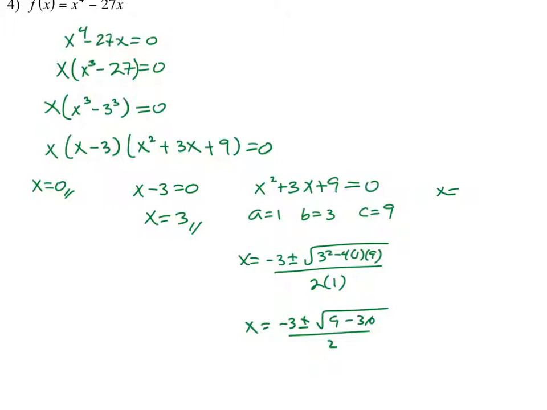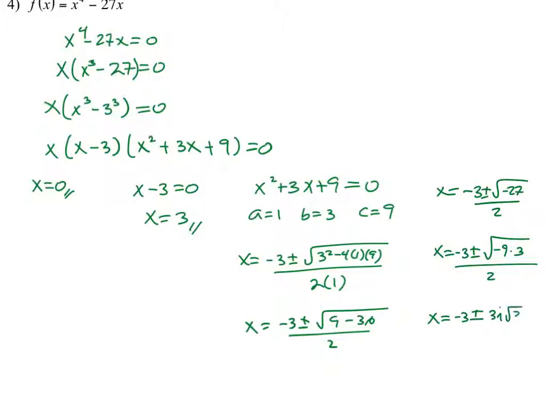So x equals negative 3 plus or minus the square root of negative 27, divided by 2. 27 I can write as 9 times 3, so the square root of negative 9 times 3, divided by 2. So x equals negative 3 plus or minus 3i square root of 3, divided by 2.